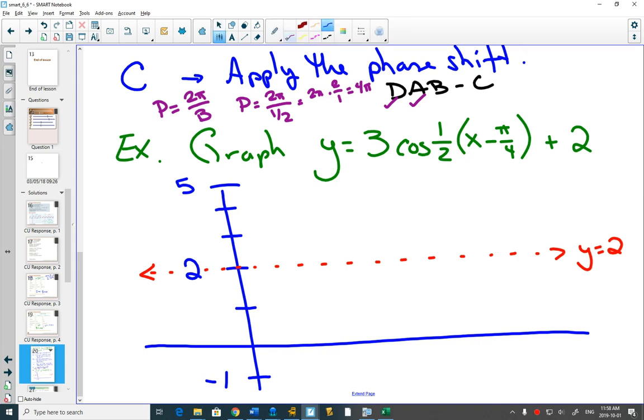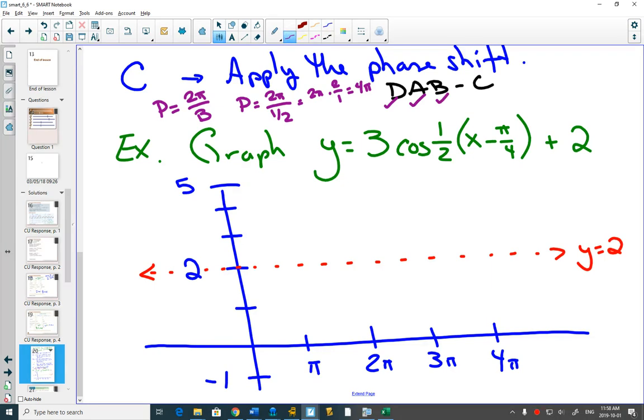So we mark one period on our axis and divide it into 4 equal sections. 1/2 would be 2 pi, 1/2 would be pi, 1, 2, 3 pi. We have now done the B value.